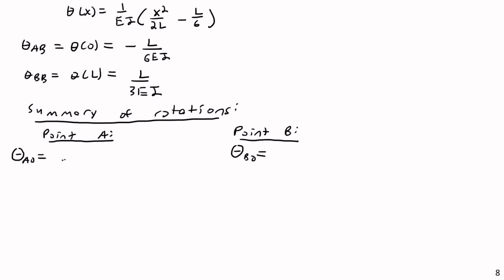We calculated theta A naught as negative WL to the third divided by 24EI, and theta B naught as the opposite, positive WL to the third over 24EI.